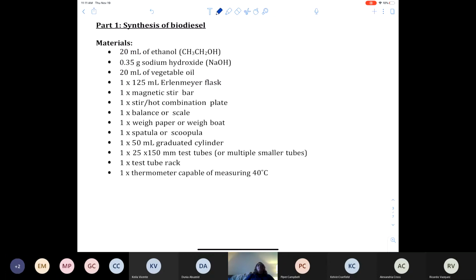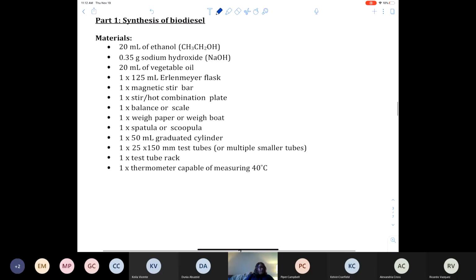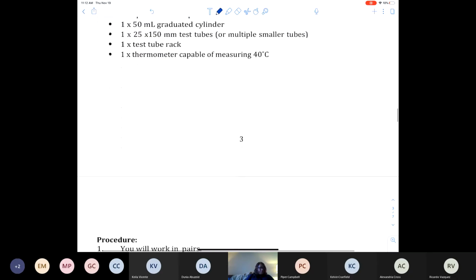I did the first part of the synthesis, and then there was a waiting period where I needed to let the mixture sit overnight and settle out into 2 separate layers. One layer is going to be the glycerol layer, the other layer, the biodiesel layer. We need to be able to adequately separate those 2 layers. That's why it needed to sit overnight.